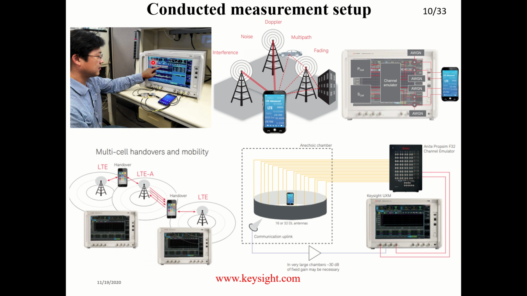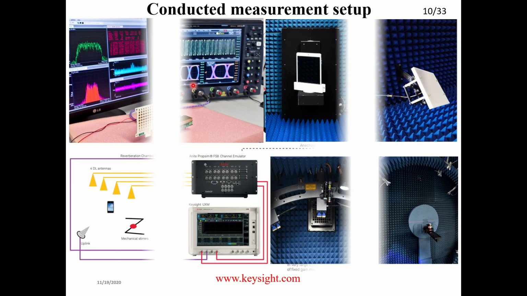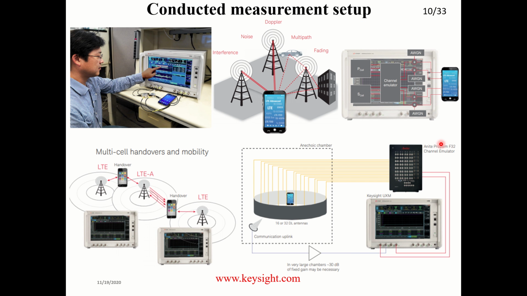So what is actually being emulated? As you can see here, just now we mentioned what is in the channel and how they emulate it. Interference, noise, Doppler shift, multipath and fading are all being tested. In this scenario, how will the UE behave? Those kinds of things are being simulated.